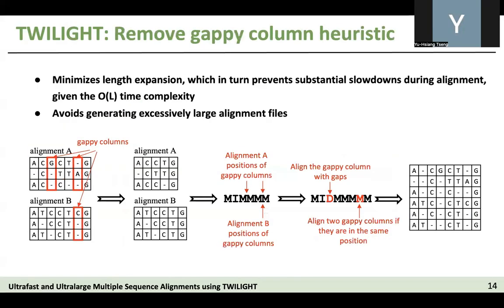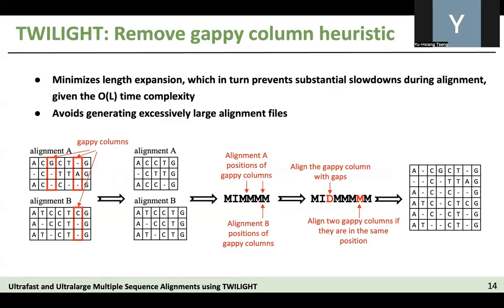Due to the neutrality of progressive alignment, once a gap is introduced, it will always be there. As a result, the alignment length will be longer and longer. As we know previously, the alignment algorithms scale at least linearly with the sequence length, and therefore when we proceed to the root of the tree, we might observe a slowdown for the alignment step.